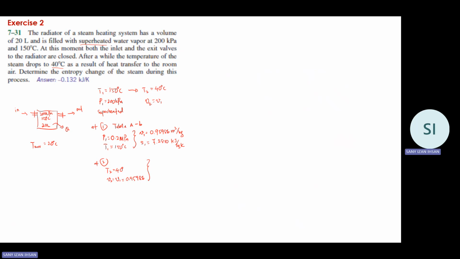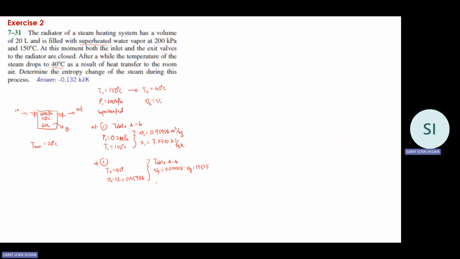From table A4, you have VF equals 0.001008 and VG is 19.515.